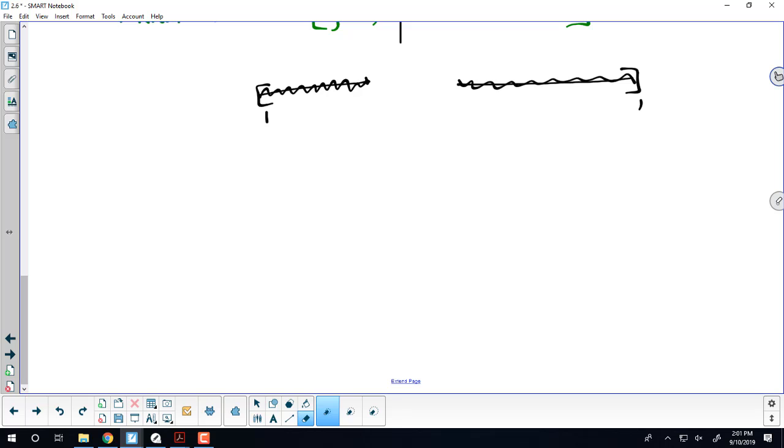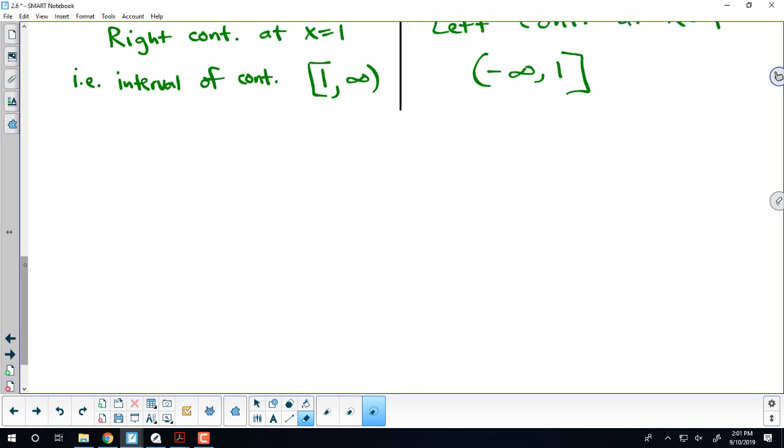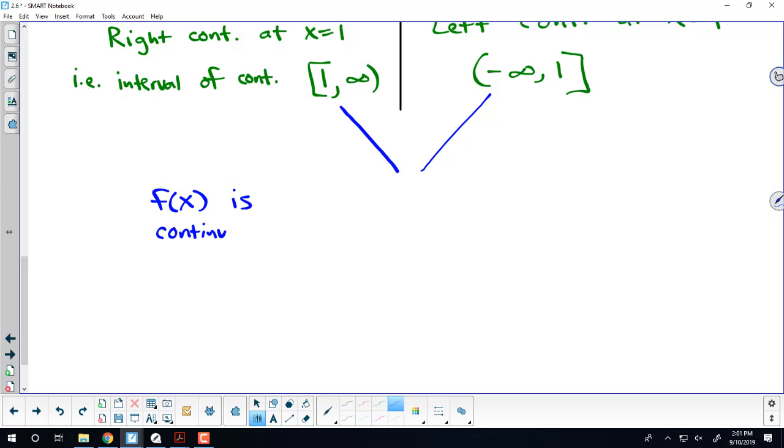I don't know if that visual helps or not. So really in an instance like that, we need to look at putting those together. So f of x, we would say f of x is continuous on that interval.